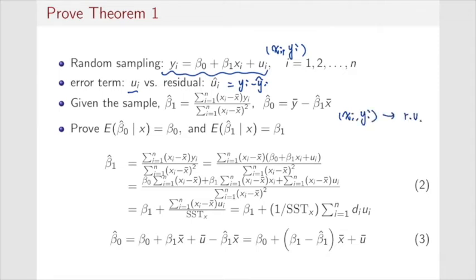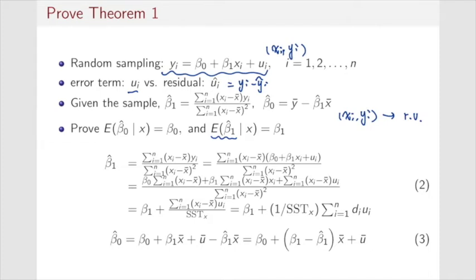Since the independent variable x is the observed factor and the error term u is the unobserved factor, we often fix x and only consider the randomness implied in the unobserved factors. We want to prove that conditional on x, the expectation of beta 0 hat is equal to the true parameter beta 0, and the conditional expectation of beta 1 hat is equal to the true parameter beta 1.